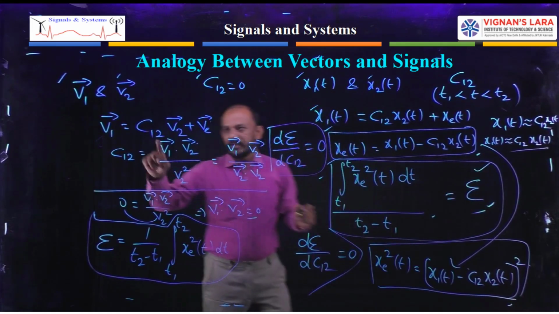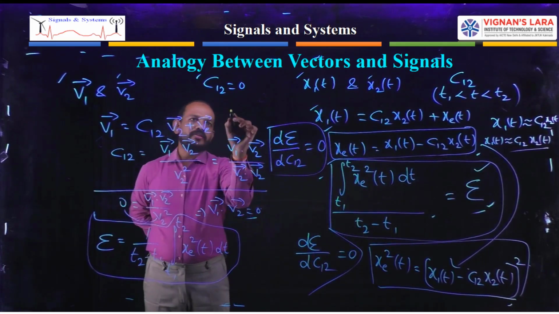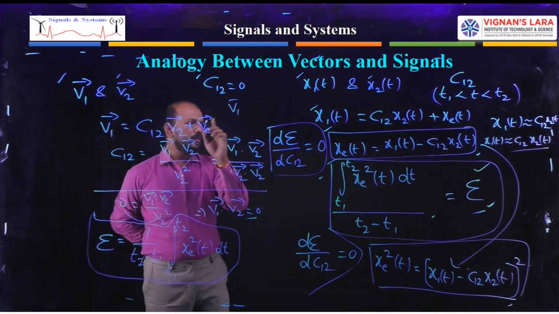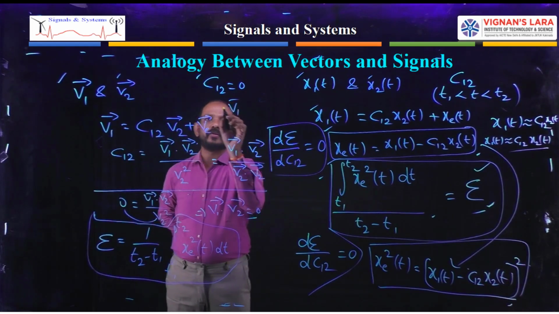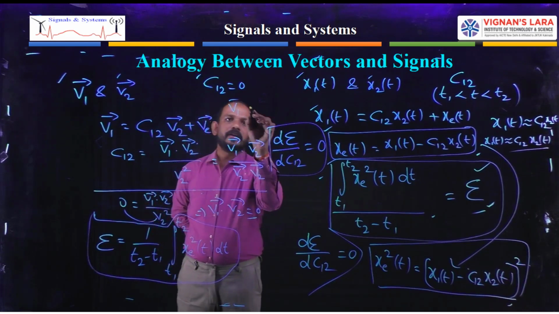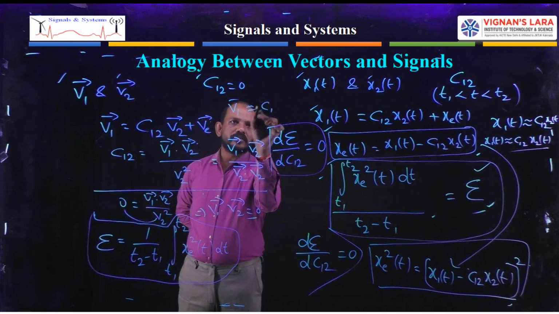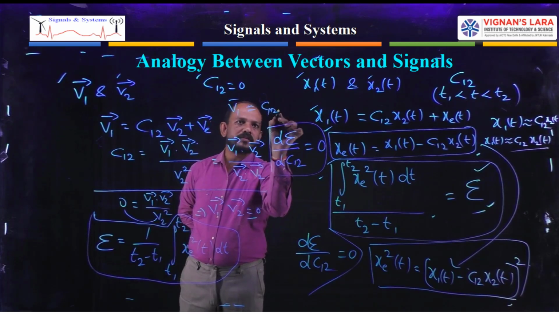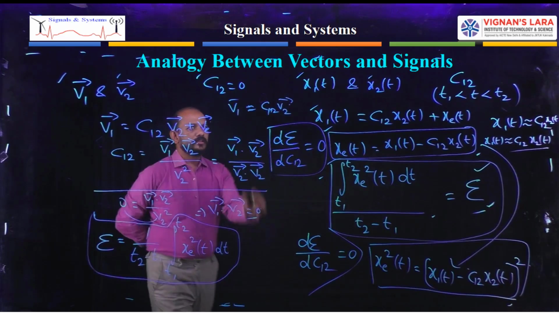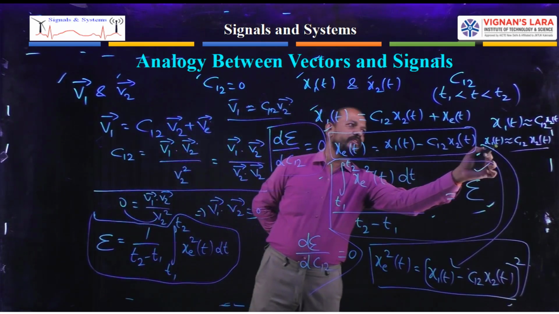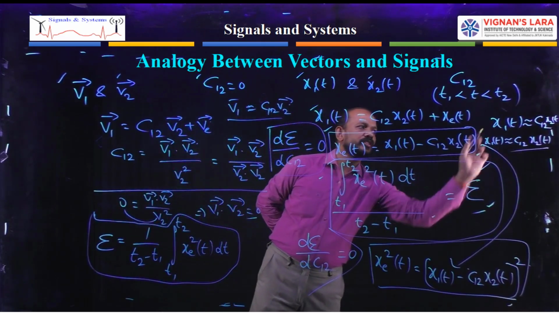So here also we can write for vector v1: the component of vector v1 along v2 is c12 v2 bar. In the same way, I can write x1 of t is approximately equal to c12 x2 of t.